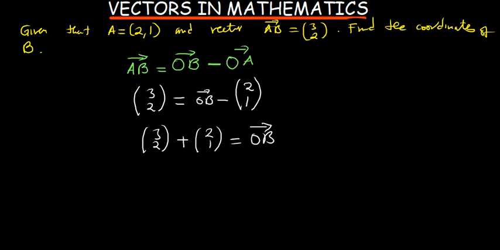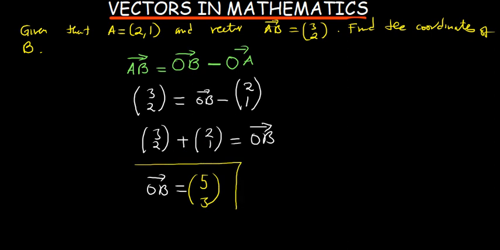I can also start by writing OB, so I'll say OB is equal to, so now we start adding, you add those which are on top alone, so 3 plus 2, that is a 5, and then you say 2 plus 1, you add those which are down alone, that is going to give us a 3. Okay, so this is the vector.